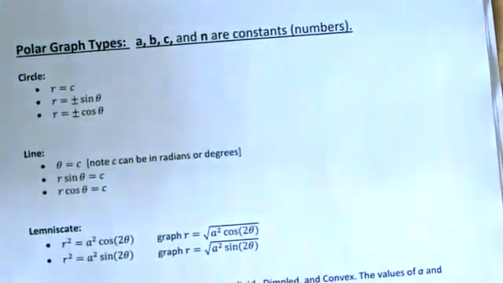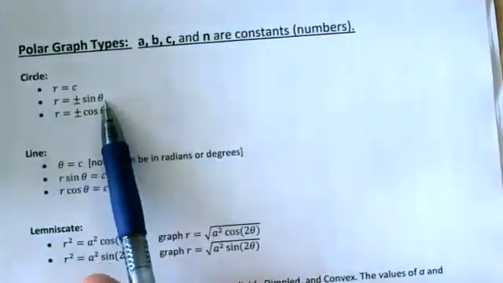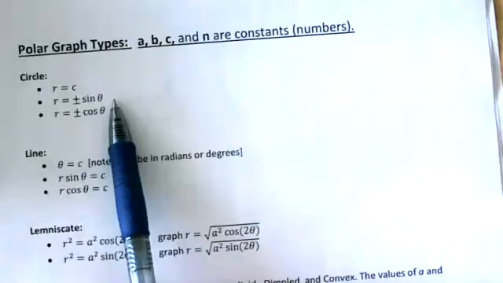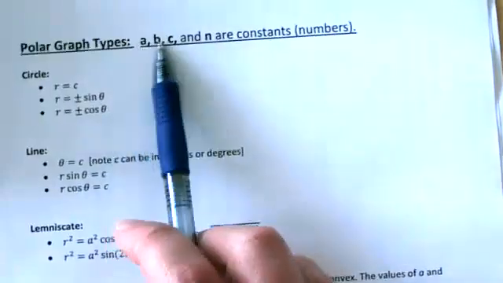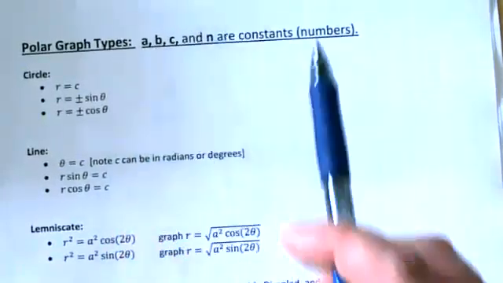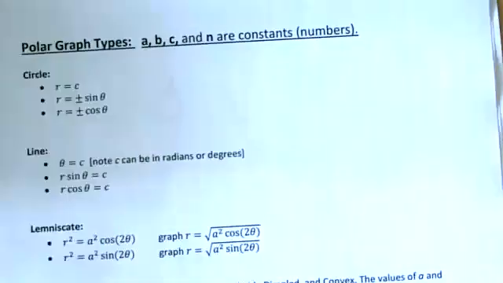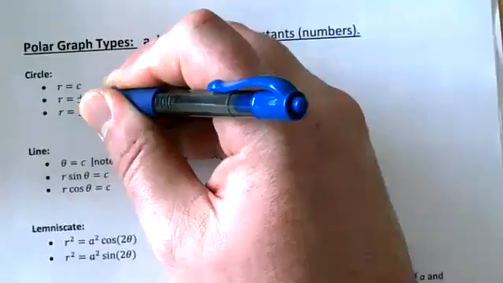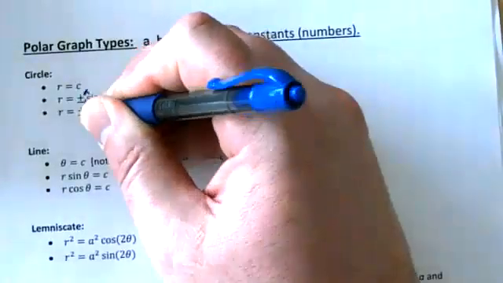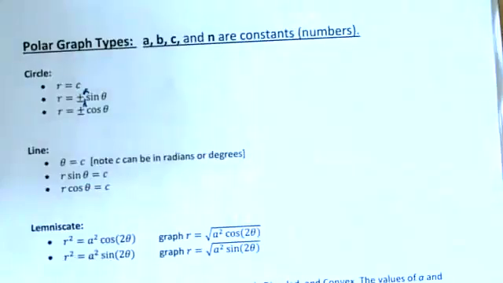Now, in these equations, r and theta are like your x and your y, okay? And anything else like A's, B's, C's, N's, those are constants. Those are just numbers that you're going to insert. There should be an A out in front here on both of those. So let's do a circle.